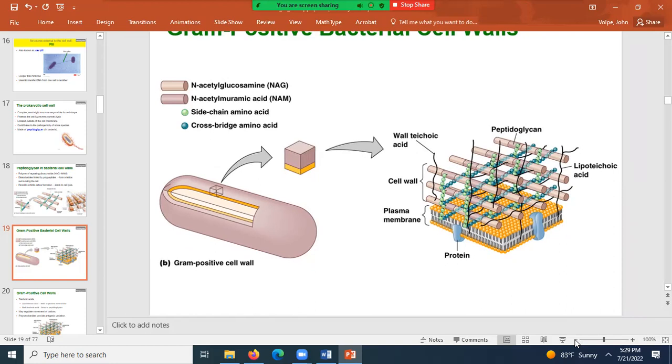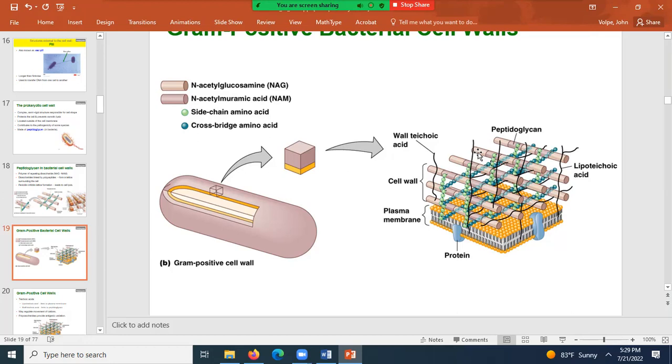I should mention that teichoic acid can help ions move either into the cell wall or out of the cell wall. I guess that's what I'm trying to say. So the ions can use the teichoic acid to move down or up, whichever way they're moving in the cell wall.